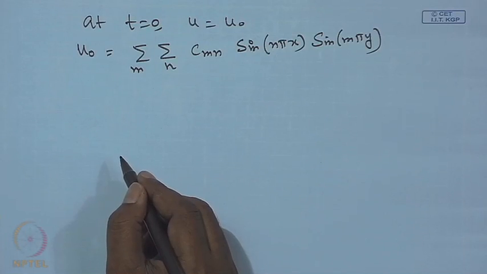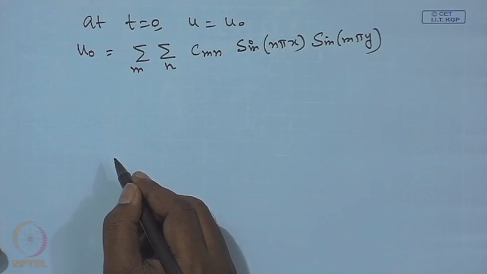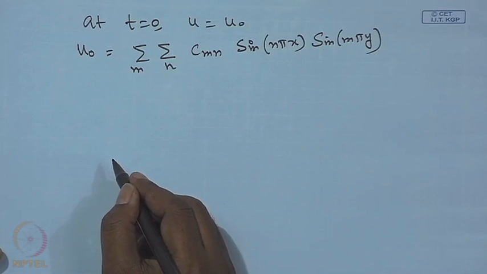Now, what do we do? We multiply both sides by sin m pi x and sin n pi y dx dy, and integrate over the domain of x and y, utilizing the property that the eigenfunctions are orthogonal functions.